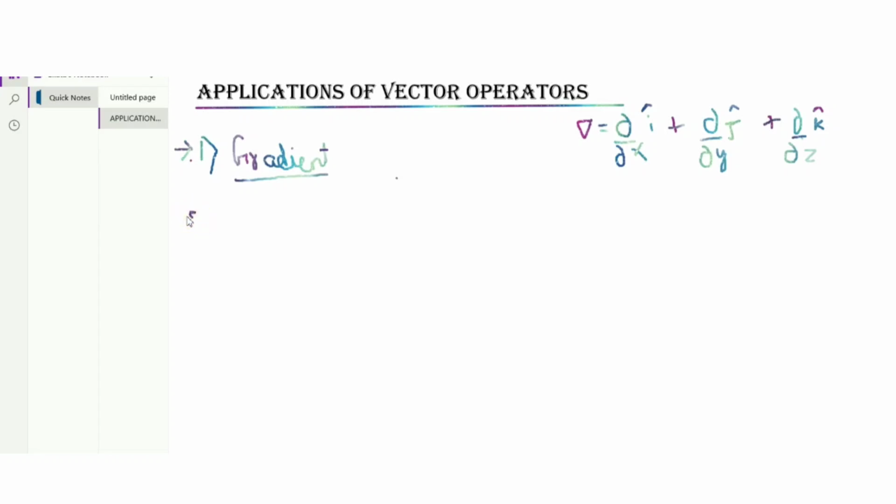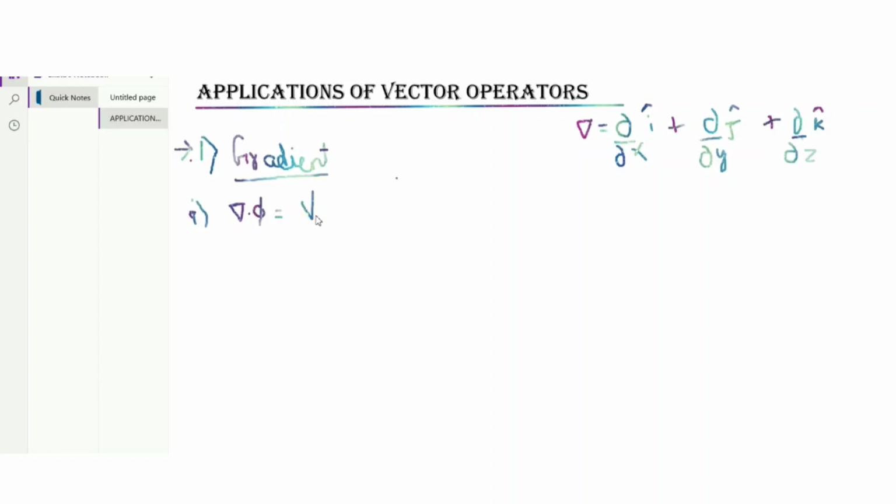The first property we are going to study is that if there is a scalar function, let's say I assume that scalar function is phi, and we apply the nabla or the del operator to that scalar function, we will get a new quantity, and this quantity is not a scalar quantity.